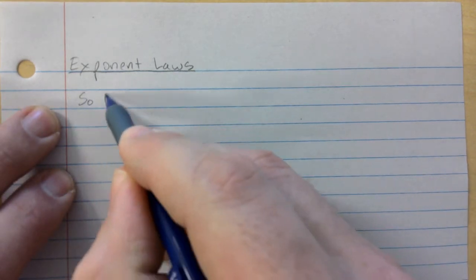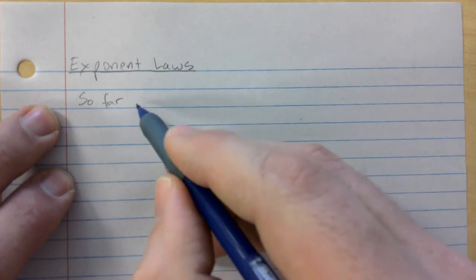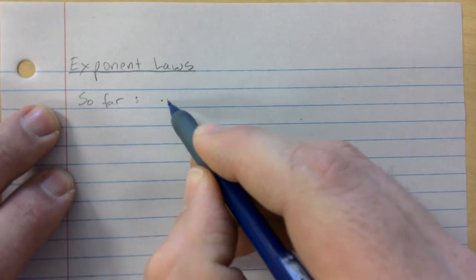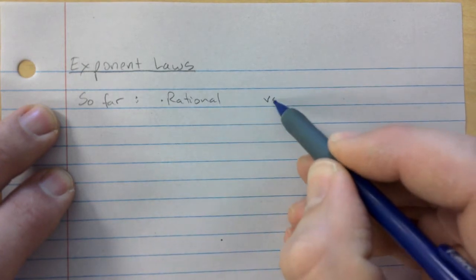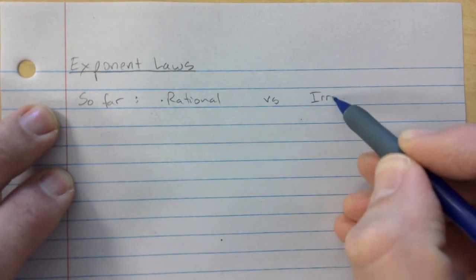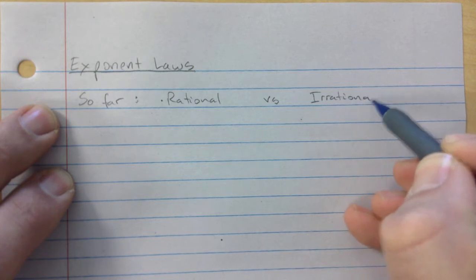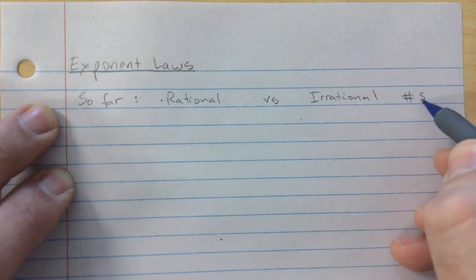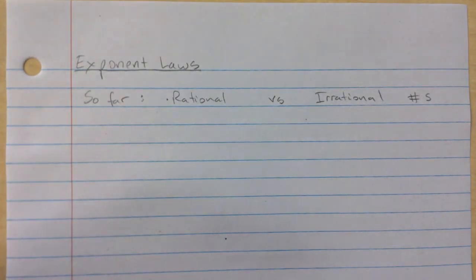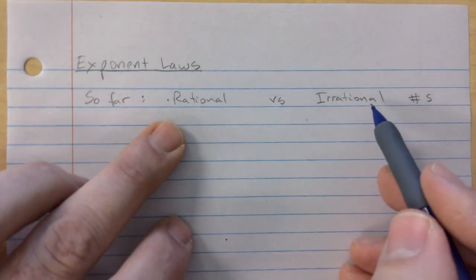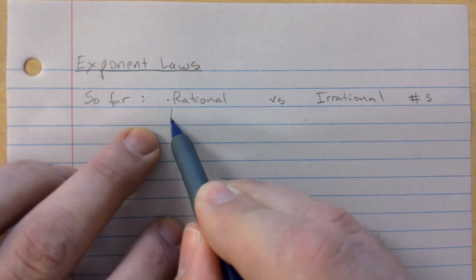So far we talked about rational versus irrational numbers. That should ring a bell to you right now. How do you recognize a number is rational?